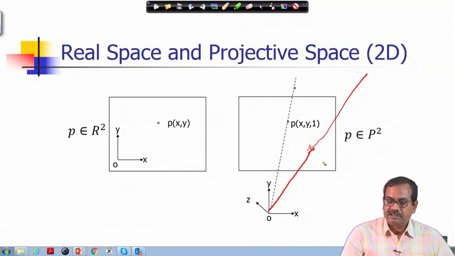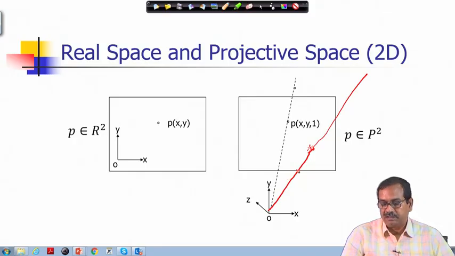In this case a point (x, y, 1) is a canonical representation of the projective space, where you have a three-dimensional coordinate system, implicitly, as if this plane is at a distance of 1 along the z direction, and all the coordinate axes in this plane are parallel to the corresponding axes of the implicit three-dimensional coordinate system.